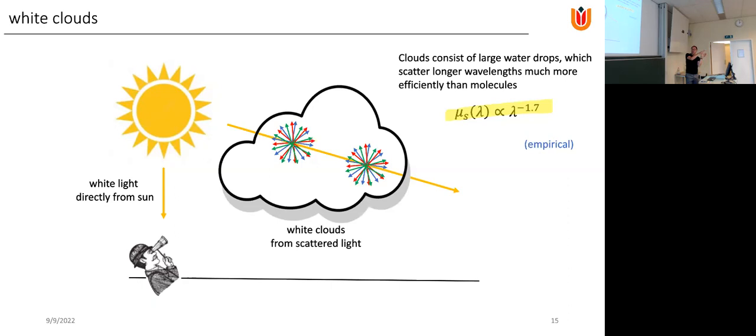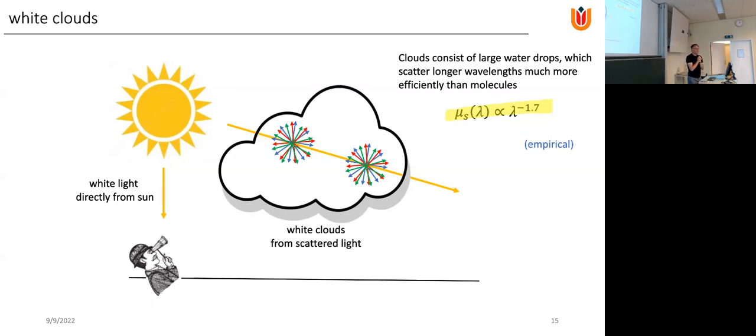If you try to look for an explanation more or less in line with what happens with the molecules, in clouds you have water droplets, so you have larger particles, and for these larger particles, the efficiency of scattering as a function of wavelength is less dramatic.